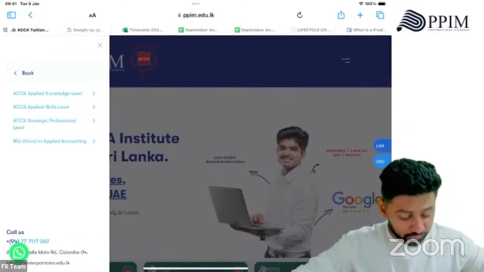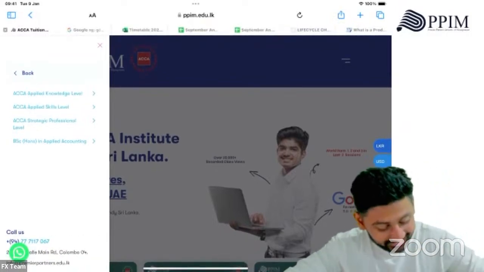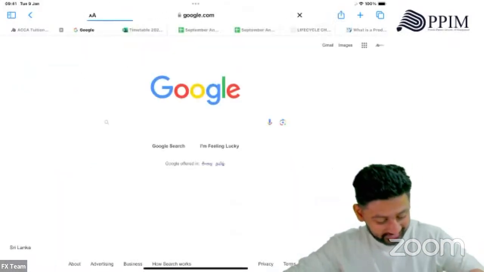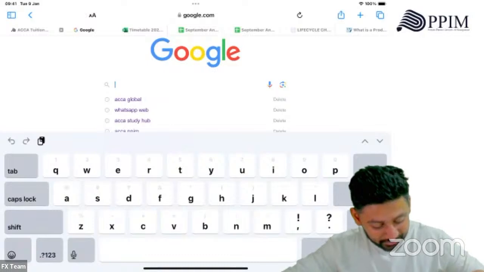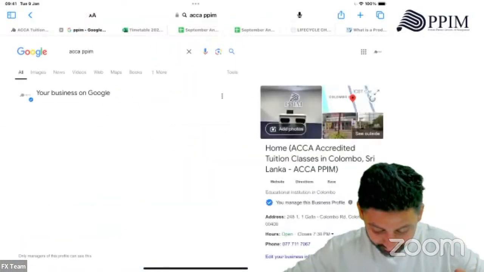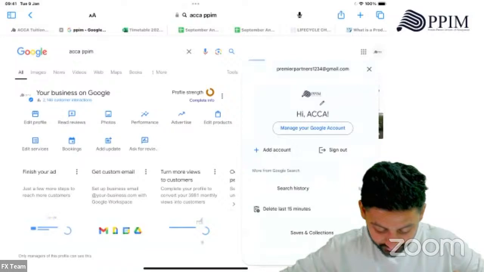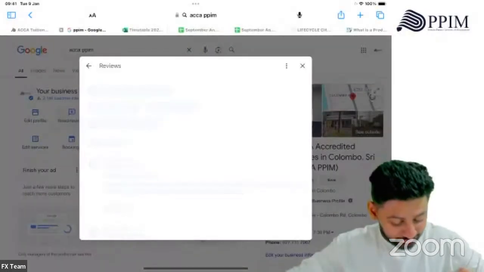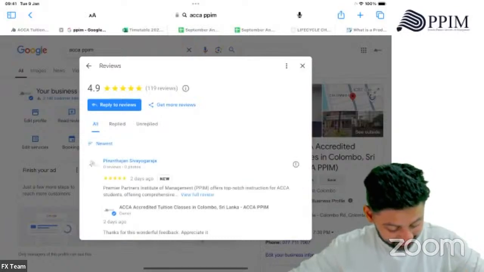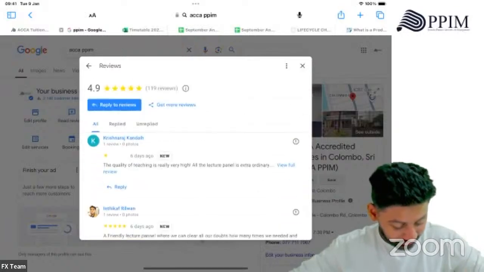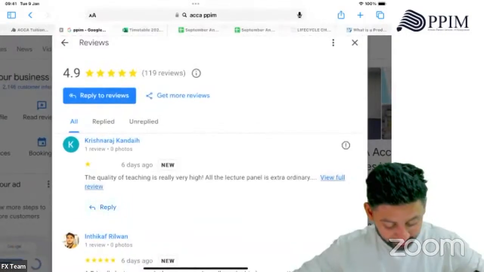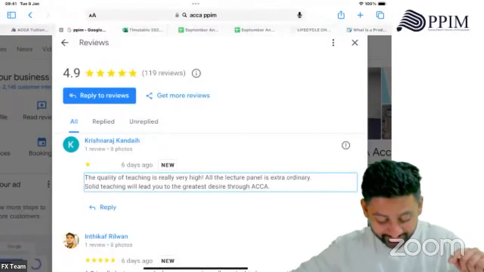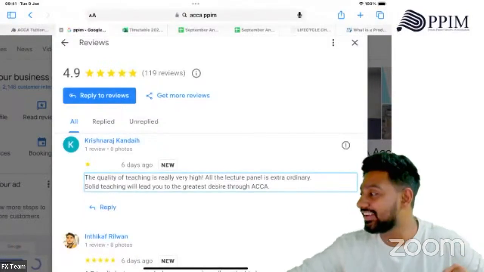The quality of teaching is very good, he says. Did you guys see that? Very funny. He's given a 1-star review, but he says the quality of lecturing is very good. There you go. Krishna Raj Kande. The quality of teaching is very, really very high. All the lecture panel is extraordinary. Solid teaching will lead you to the greatest research through ACCA. But 1-star.